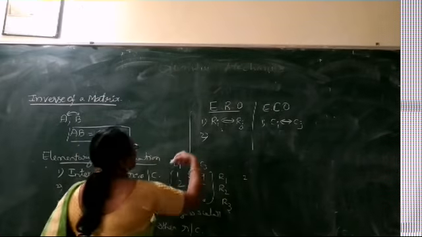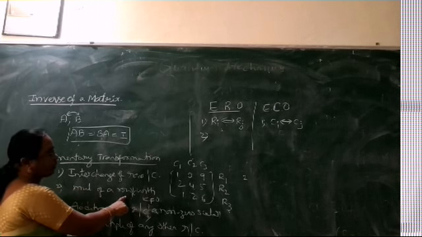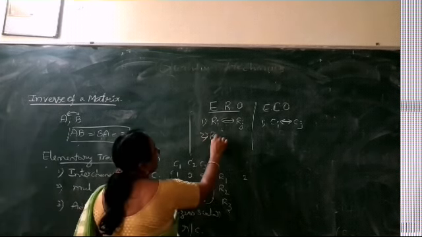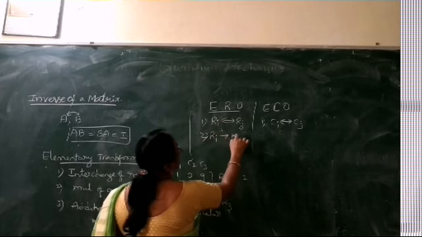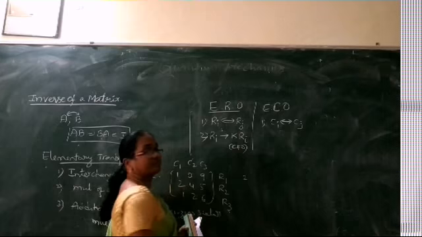Now coming to the second transformation, it is regarding the multiplication of a row or column with k not equal to 0. It is represented by Ri implies k into Ri, where this k is not equal to 0.